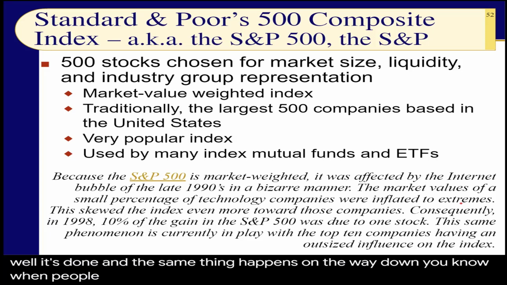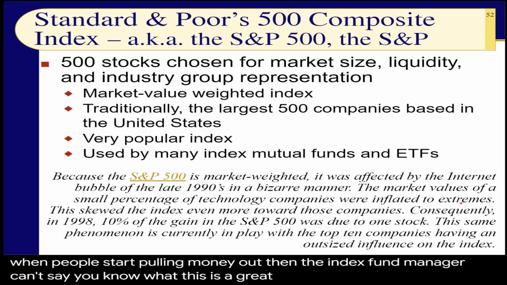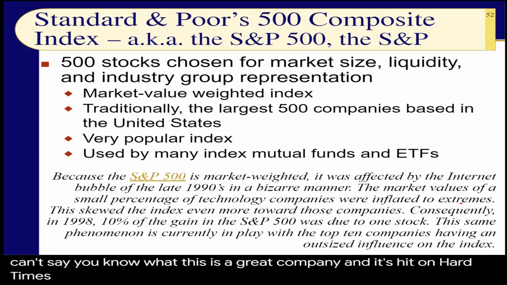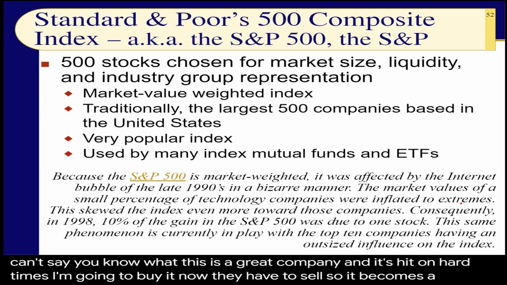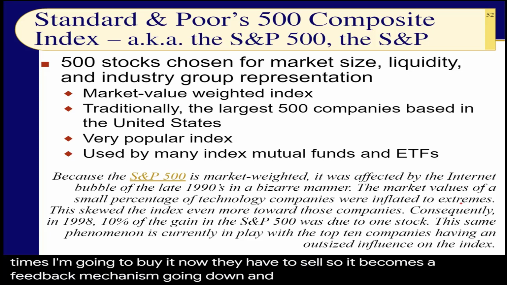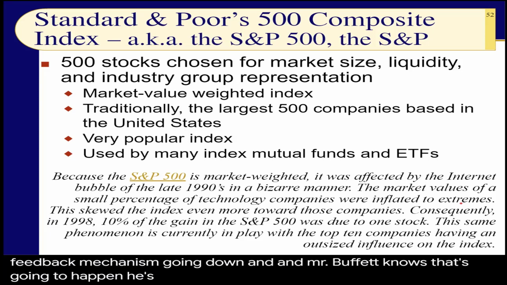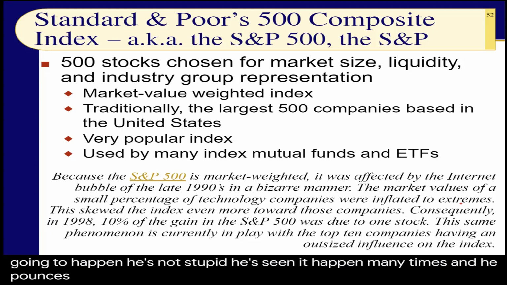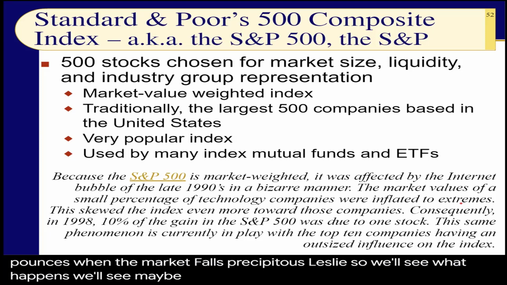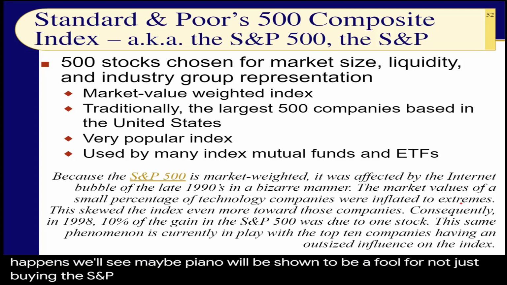When people start pulling money out, then the index fund manager can't say, you know what, this is a great company and it's hit hard times, I'm going to buy it. No, they have to sell. So it becomes a feedback mechanism going down. And Mr. Buffett knows that's going to happen. He's not stupid. He's seen it happen many times. And he pounces when the market falls precipitously. So we'll see what happens. We'll see. Maybe Payano will be shown to be a fool for not just buying the S&P 500.